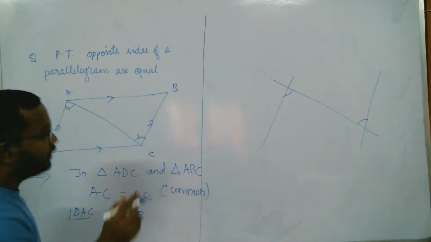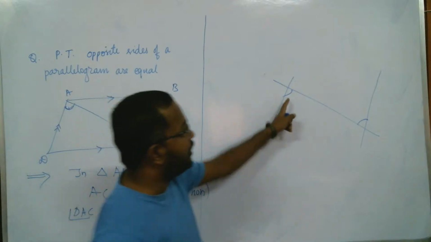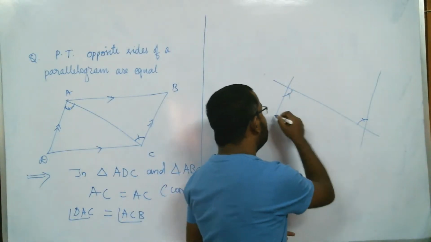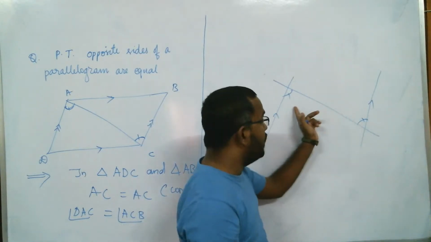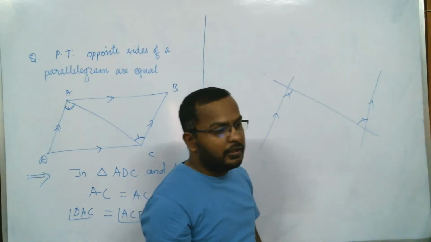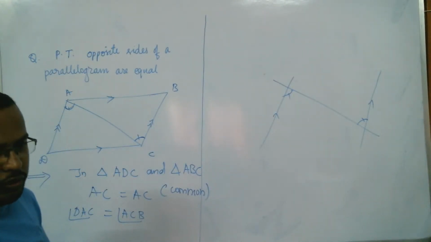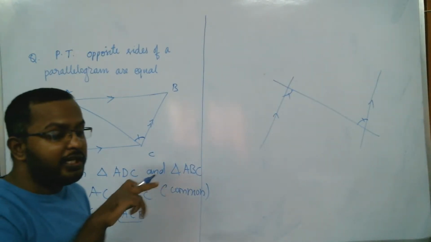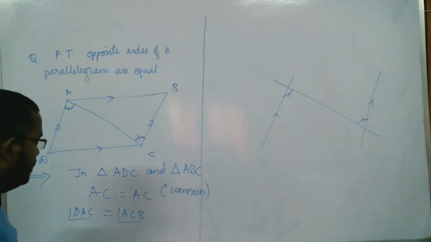Now look at these two angles. When these two are parallel lines and this is your transversal, these two angles are alternate interior angles, that's why these two angles are equal.